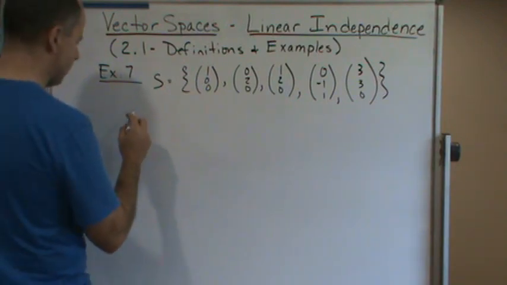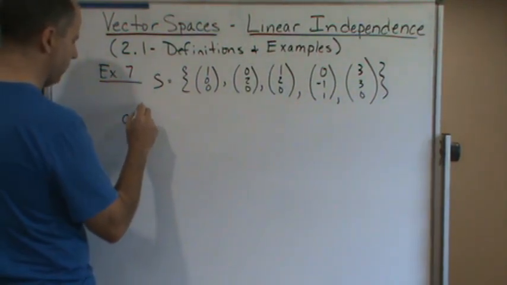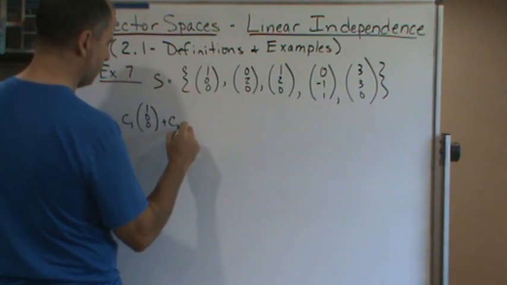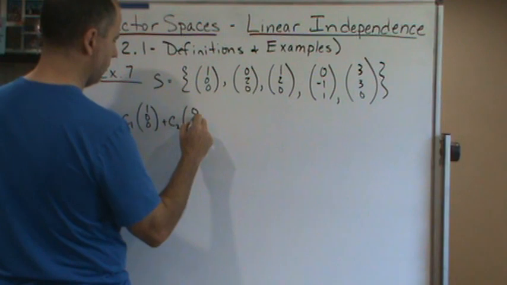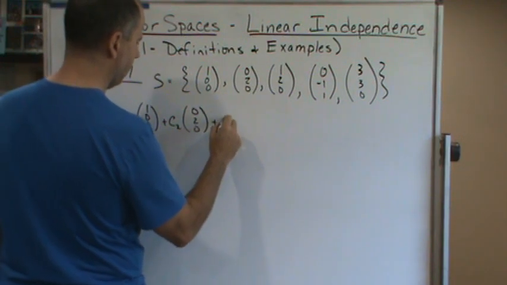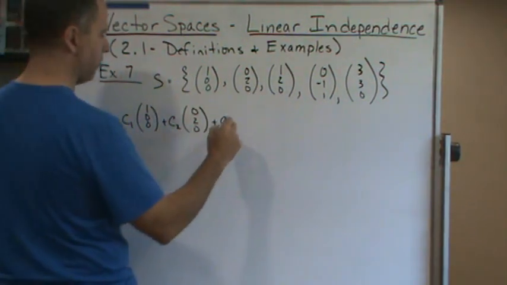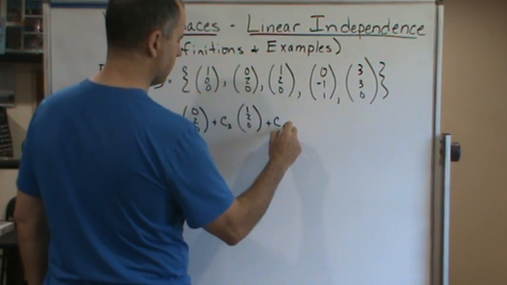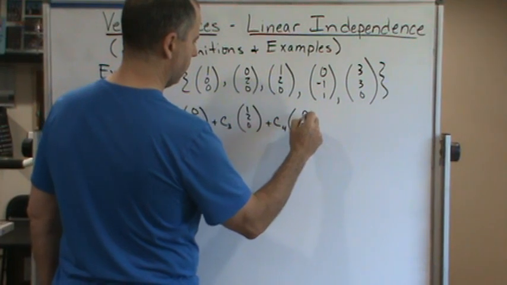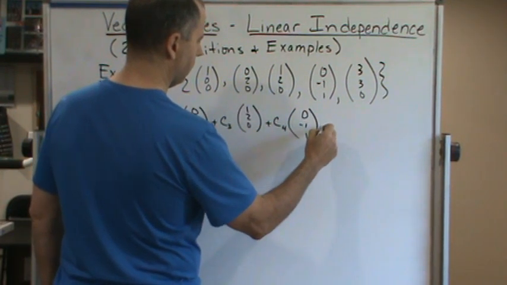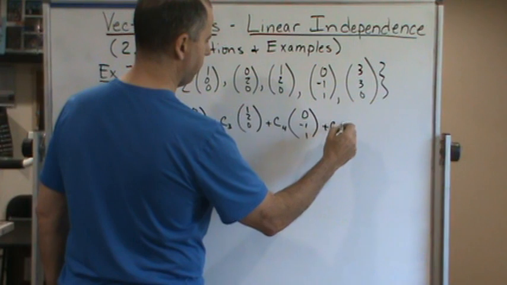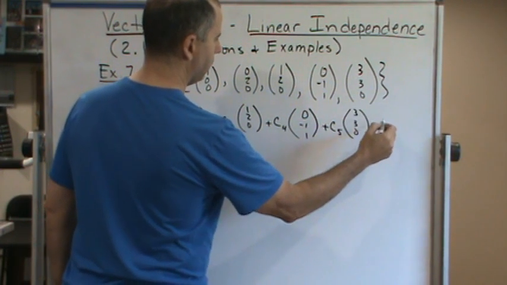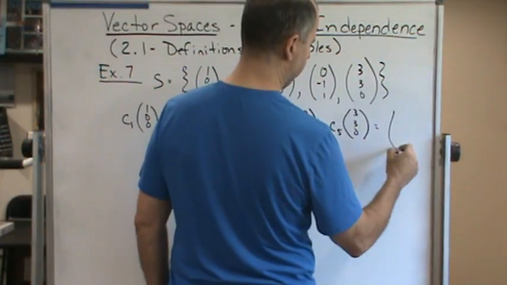We're going to do C1 times (1, 0, 0) plus C sub 2 times (0, 2, 0) plus C sub 3 times (1, 2, 0) plus C sub 4 times (0, -1, 1) plus C sub 5 times (3, 3, 0) equals our 0 vector.